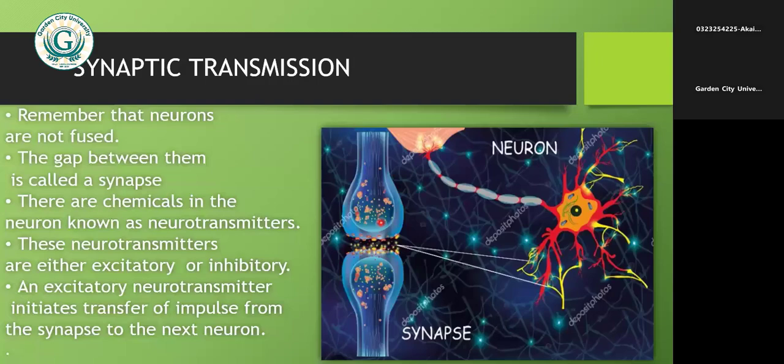If it contains otherwise, that's the inhibitory one, it will also be what? Released. Bear in mind that both the excitatory and the inhibitory are not released simultaneously. They are not released at a go. Does it make sense?